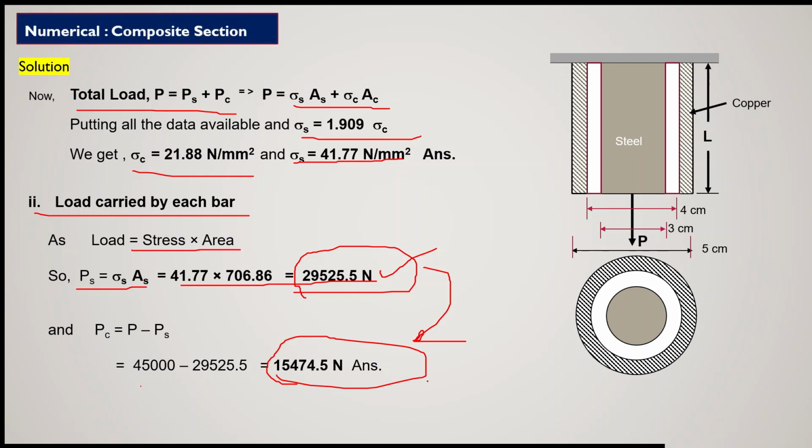Now, another numerical problem, where we will understand how this methodology, this concept of composite section, is applicable in core civil engineering. When you construct any building, you will find an RCC column. RCC means reinforced cement concrete.